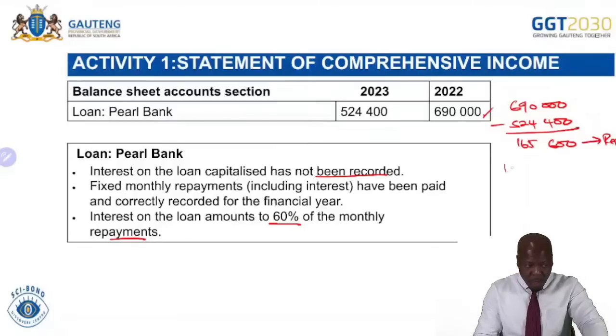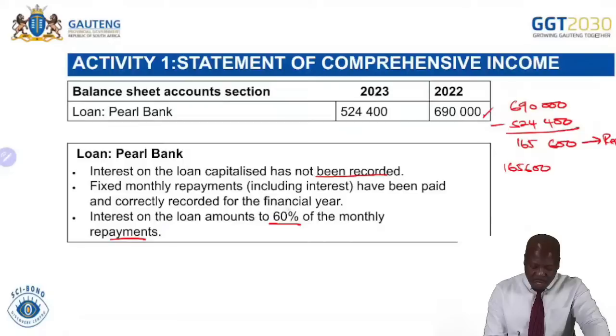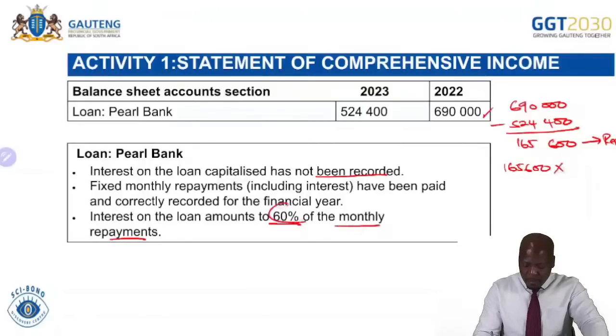So when I have my total repayments of 165,600, I am then told that the interest on the loan is 60% of the monthly repayments. So I need 60% of that. Once I get my 60% of that, that is my 99,360.